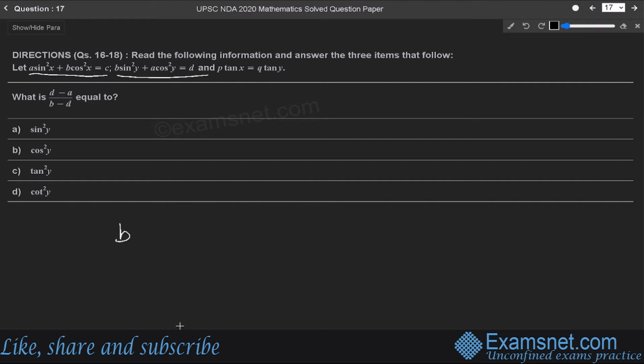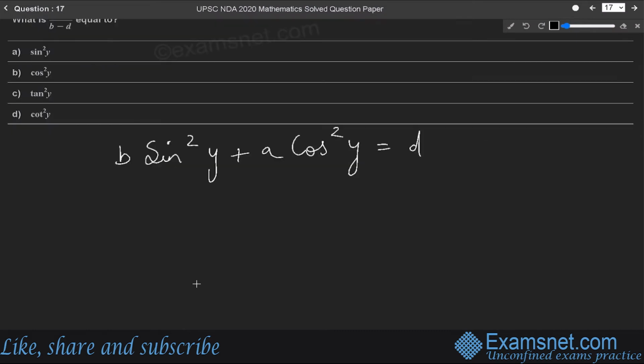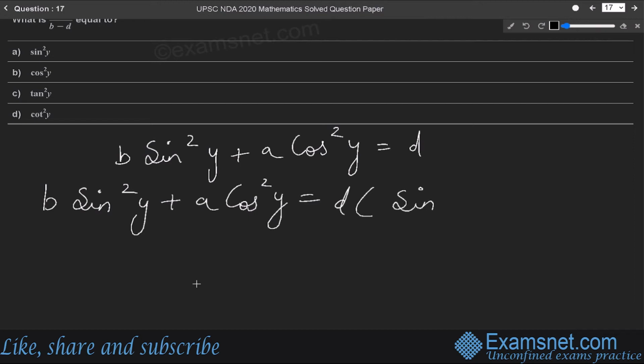The second equation is b sin square y plus a cos square y is equal to d. Again I can write it as b sin square y plus a cos square y is equal to d into sin square y plus cos square y, because we know that sin square y plus cos square y is 1.